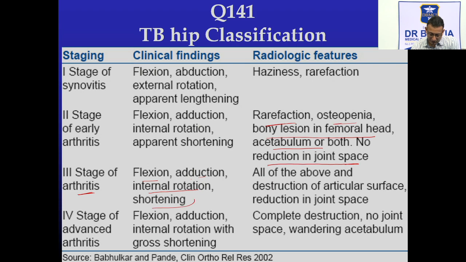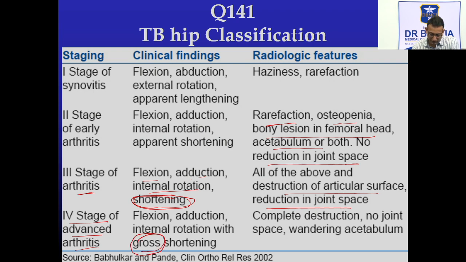So, there will be shortening, which indicates that joint space has been reduced. So, all these features will be there. So, destruction of the cartilage will lead to reduction in the joint space as well. In stage 4, which is called stage of advanced arthritis, we will have flexion, adduction and internal rotation deformities with gross shortening.